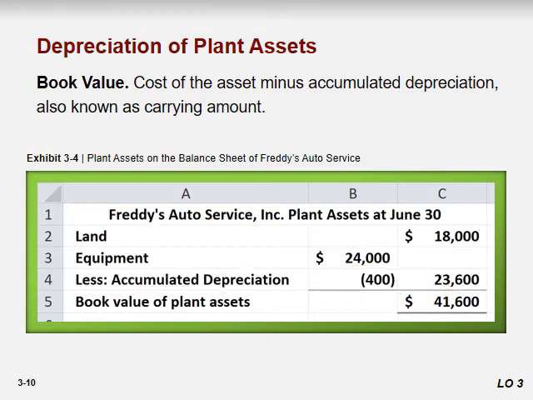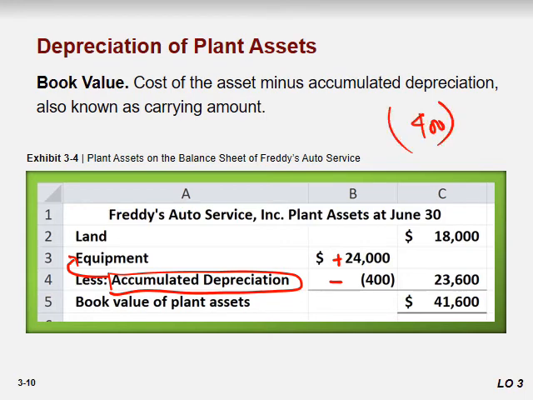So the accumulated depreciation is a contra account. A contra account is a companion account of the equipment, and its balance is opposite to the equipment. So if equipment is positive, its balance is negative. So in accounting, negative is exactly equal to minus 400. When you write it down in statement format, minus means brackets.